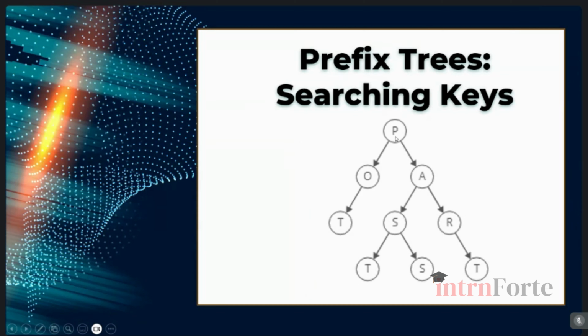We have a third word, P-A-S, and then there's another branch here, so it's S, P-A-S-S, pass. And we have a fourth word, P-A-R-T, part. Now these four words have some commonalities. What I mean by commonalities is they start with one or more of the same letters.